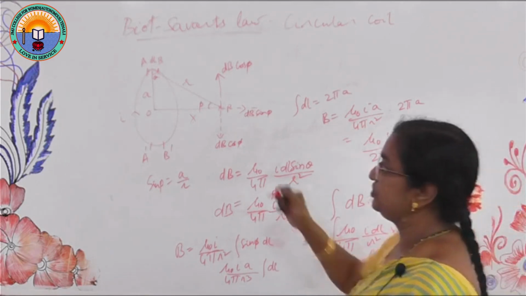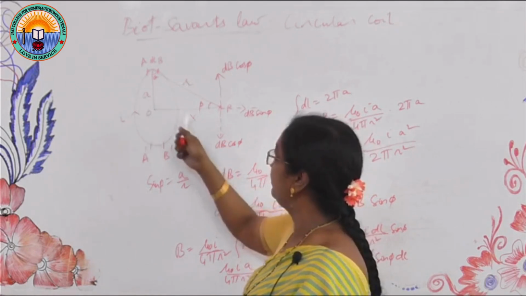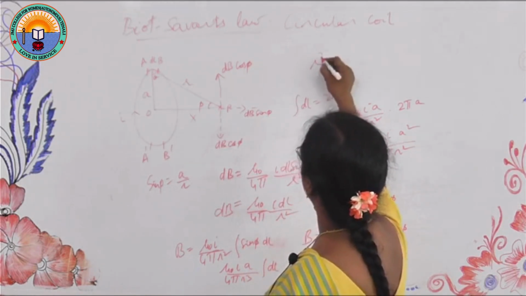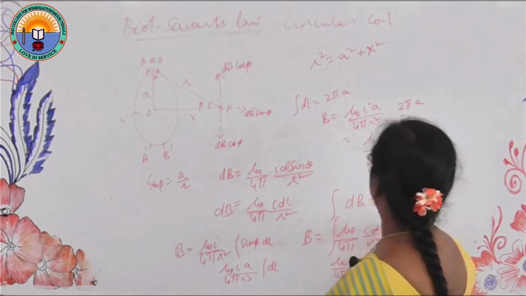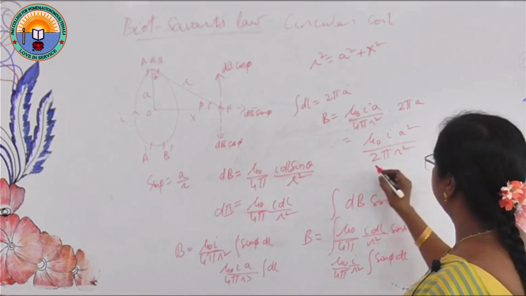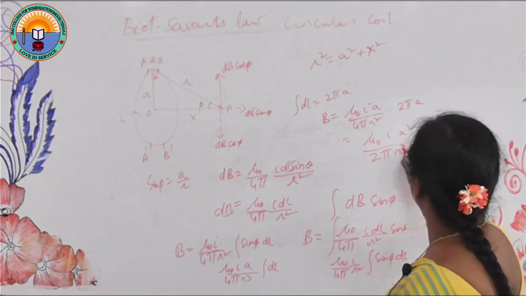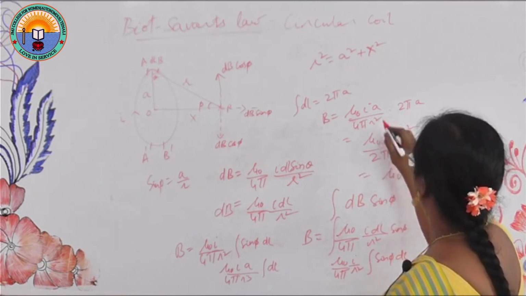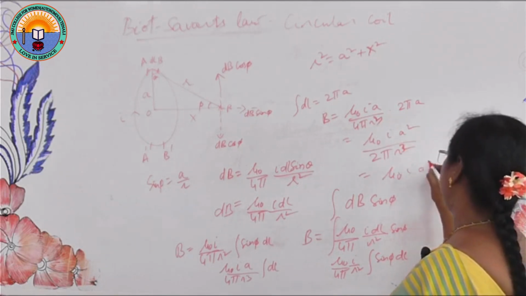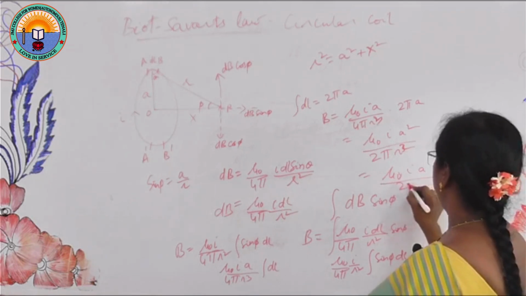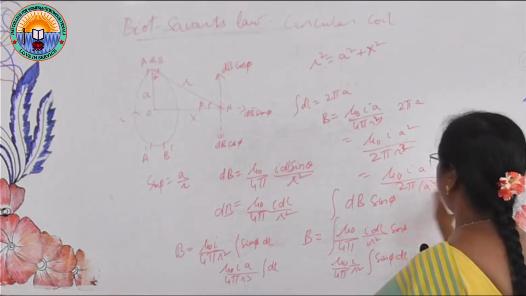From this triangle, r square is equal to a square plus x square. So r cube is equal to a square plus x square whole power 3 by 2, and B is equal to mu naught I a square by 2 into a square plus x square whole power 3 by 2.